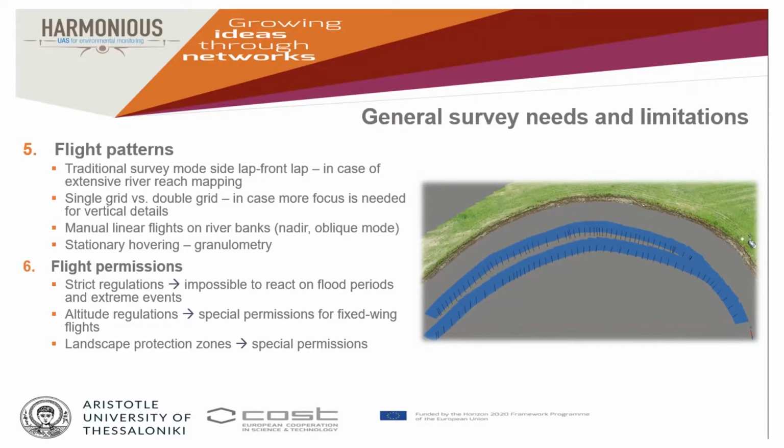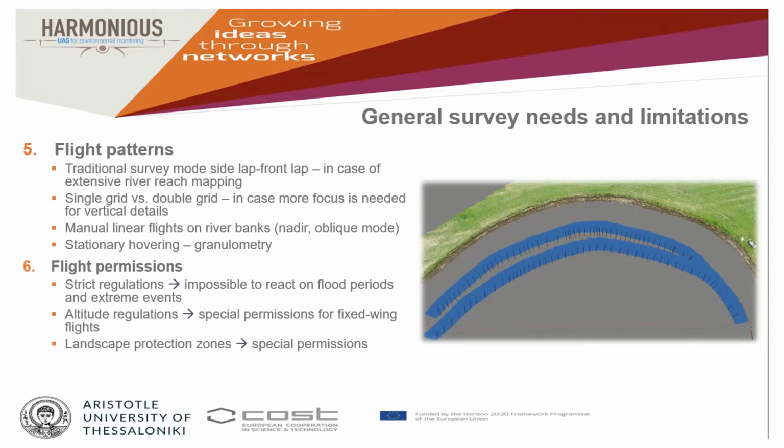General survey needs and limitations. If we talk about the flight patterns, flight modes, in these local scale surveys, when we have to focus not on a large, like a watershed or a sub-reach scale, we sometimes use manual linear flights. But you can see on the slide, when I was surveying this bank erosion process to compare it with the laser scanner, it was the most effective.